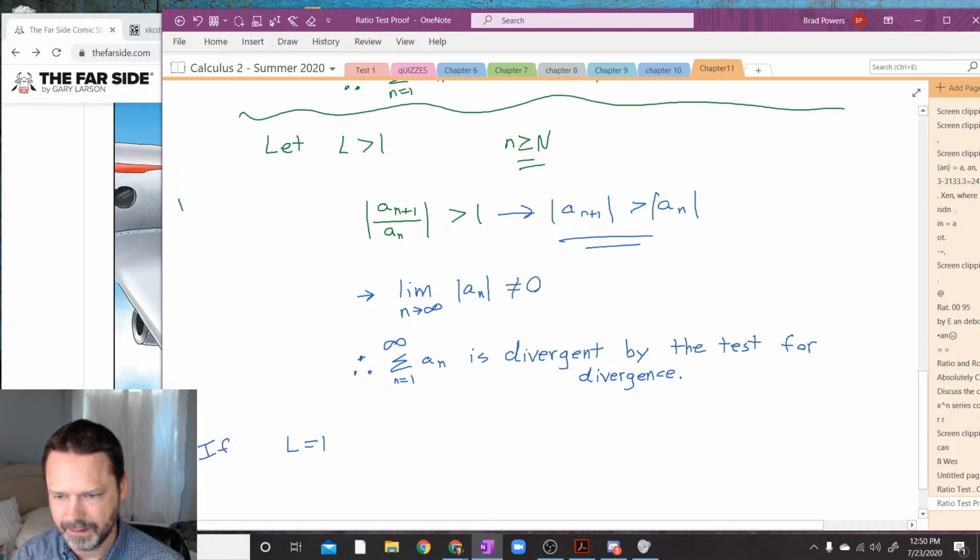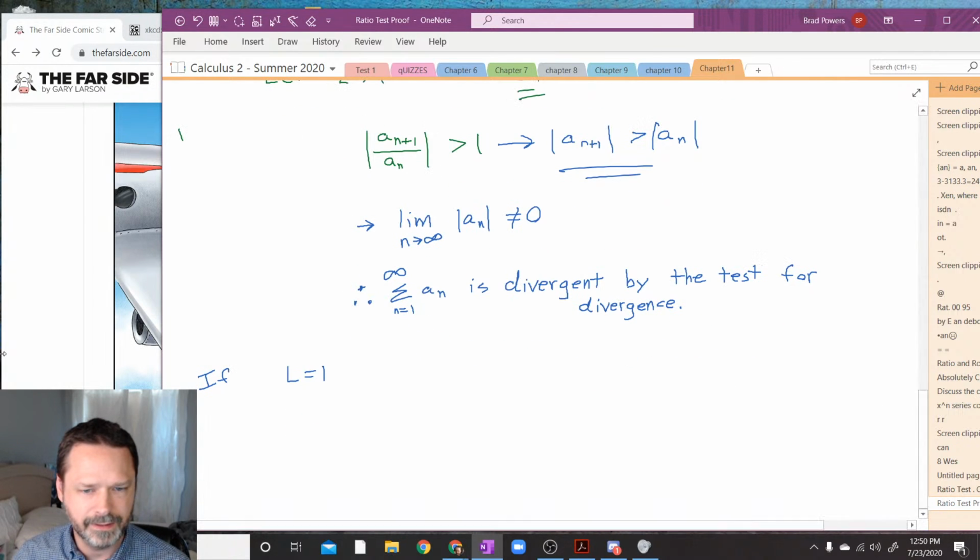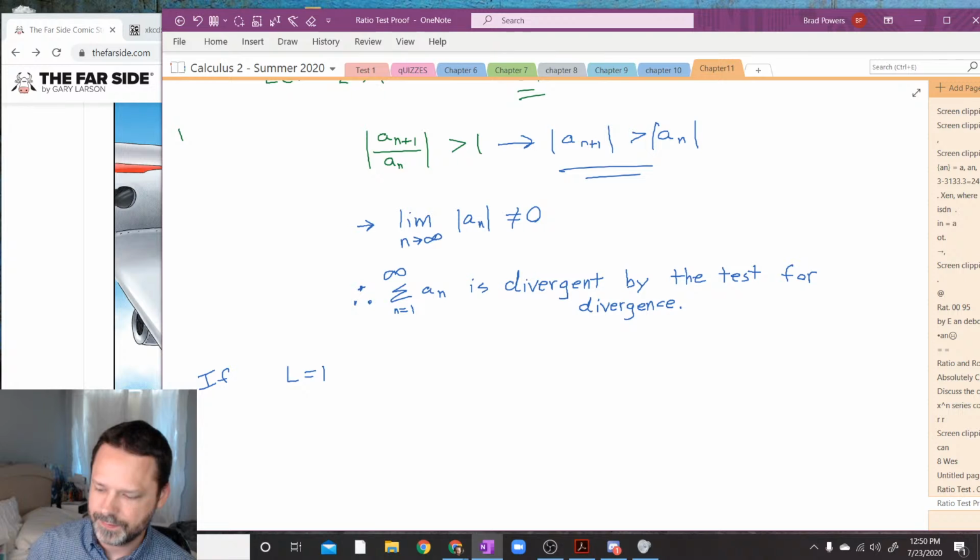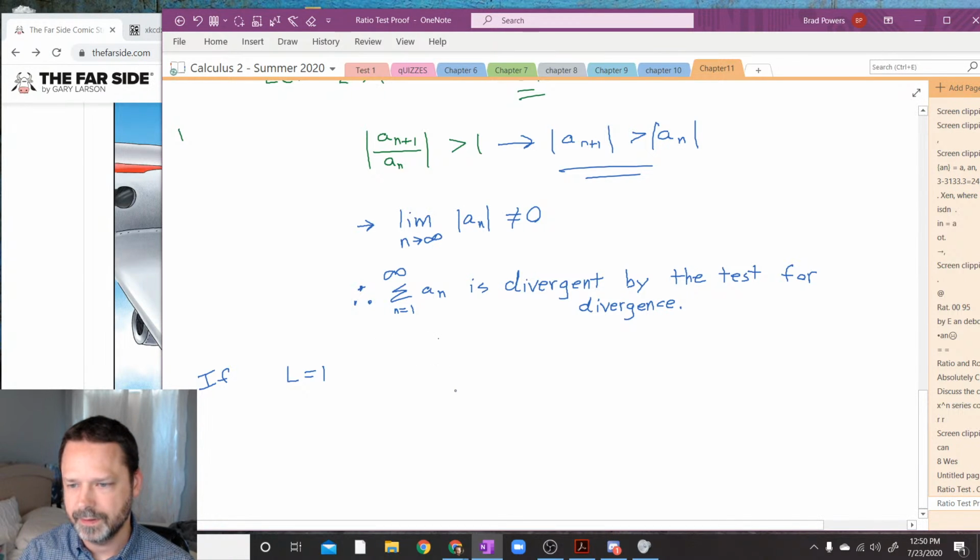We've already seen cases where L would equal 1, and I will leave that as an exercise for you guys. Here are some examples of series where the ratio test will give you L equals 1. One is 1 over n squared, and another is negative 1 to the n over n.